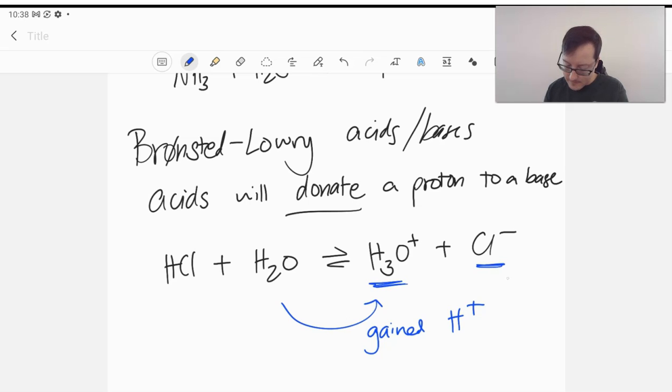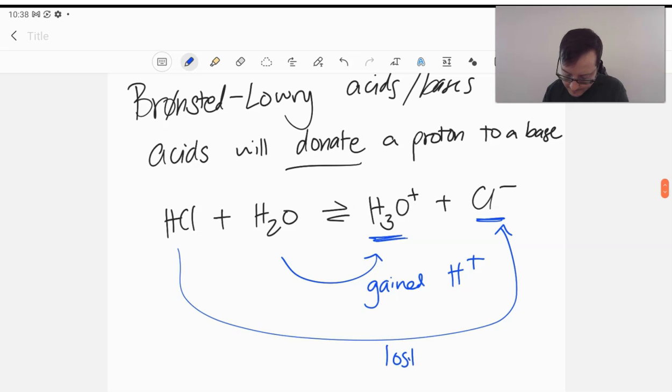This one has lost a proton. It's the only proton, but we'll see with polyprotic acids we'll sometimes have multiple. But the point is, HCl has lost a proton, meaning it's donated that proton to something else. So we'll call HCl the acid.